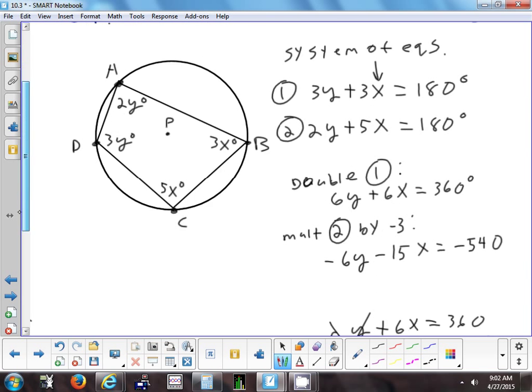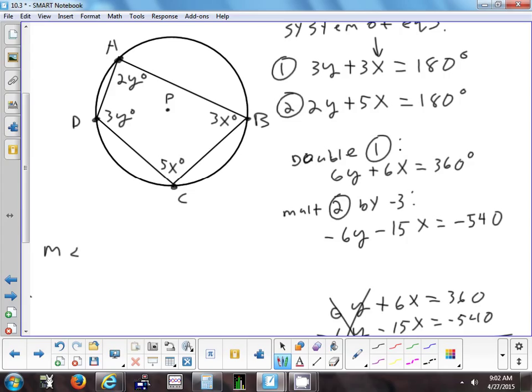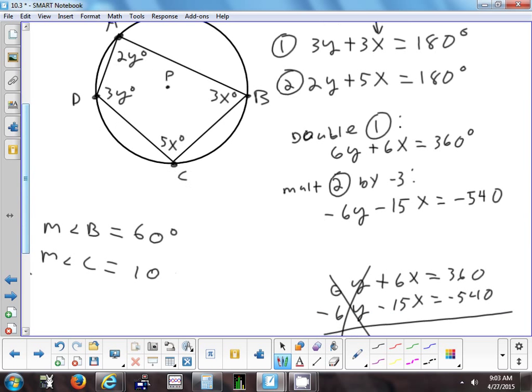Let's start with B and C. Okay, James, if x is 20, how much is angle B? 60. Okay, Tanner, if x is 20, how much is angle C? 100.